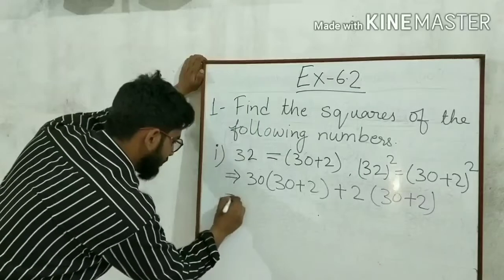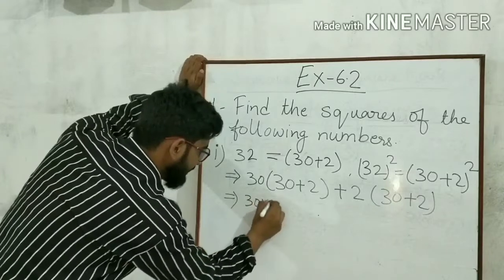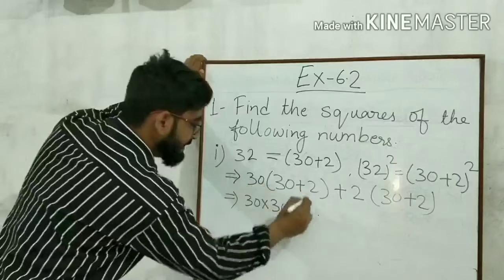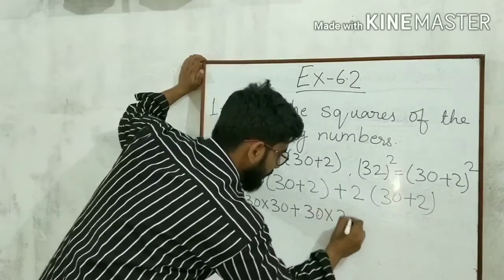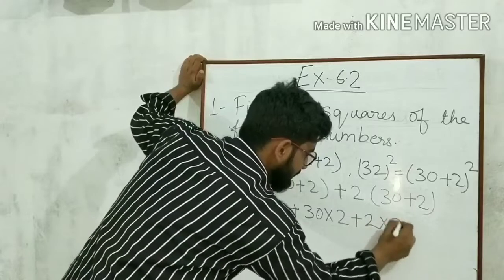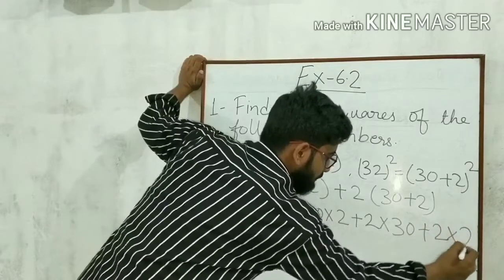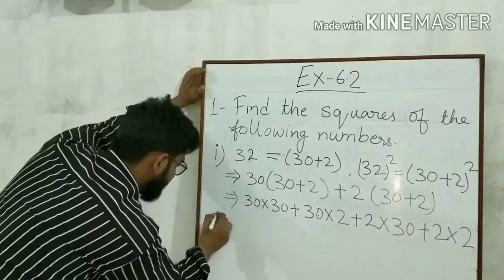Now open the brackets and simplify it. 30 into 30 plus 30 into 2, plus 2 into 30, plus 2 into 2. Now just multiply it.